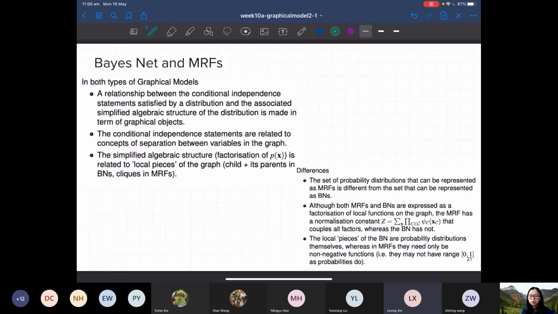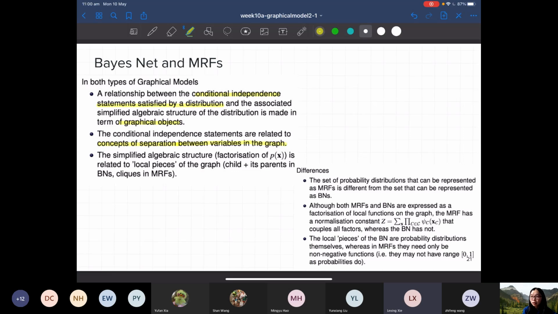Okay, to sum up, the directed and undirected graphical models specify the relationship between the graphical objects and conditional independence statements satisfied by the distribution. And the conditional independence statements are related to concepts of separation between variables in the graph.